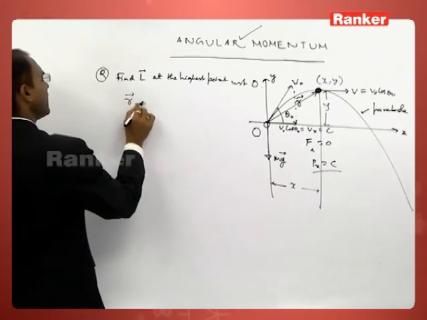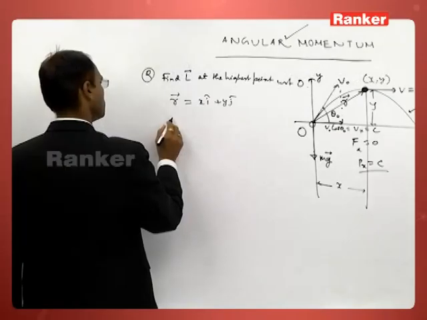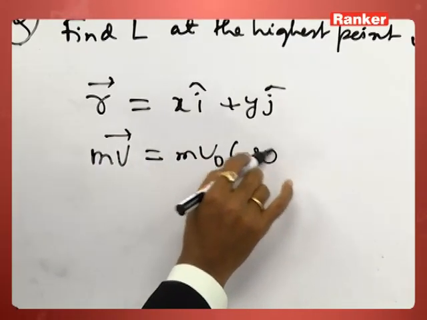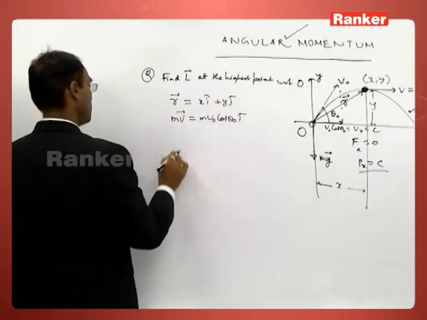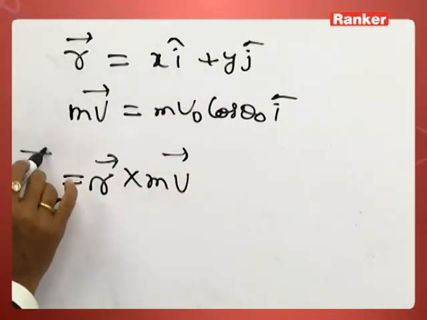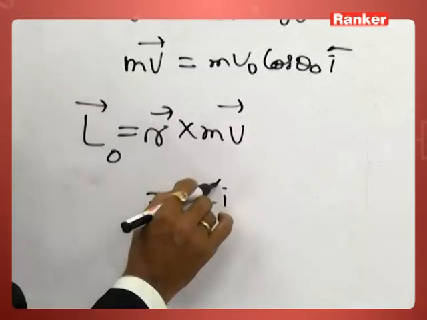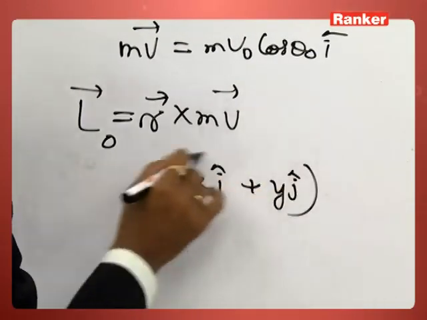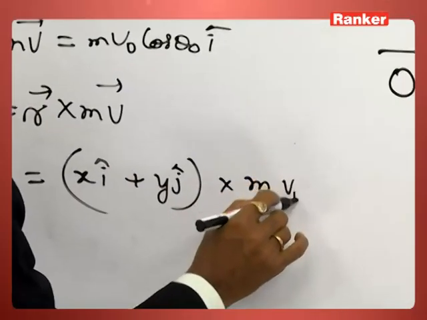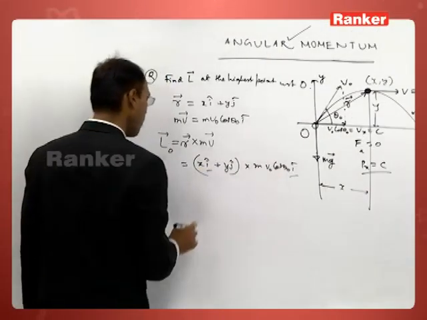So r vector can be written as x i cap plus y j cap. mv vector can be written as mv naught cos theta naught i cap. Now r cross mv is the angular momentum of that point mass with respect to the point of projection. x i cap plus y j cap cross mv naught cos theta naught i cap. i cap cross i cap is 0.